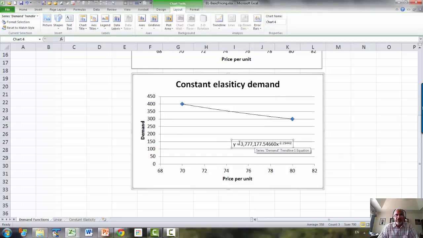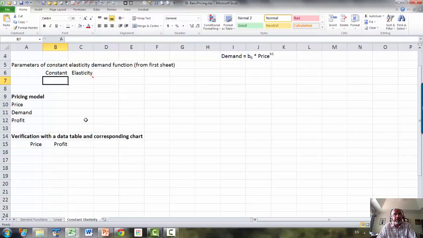Now we highlight the A part very carefully, making sure that all decimal places are covered, then Control C. This is the constant elasticity demand, so we'll go to this tab and enter it here.